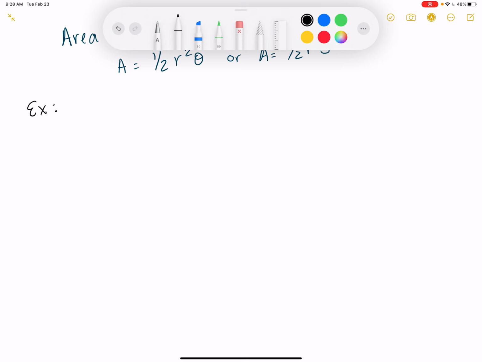So let's start with number 2. 35 degrees and 24 minutes, and we want to convert into a decimal. Would it be 35 divided by 60?